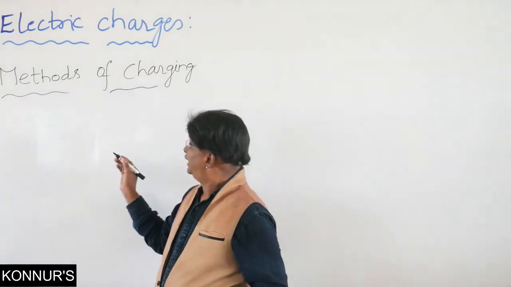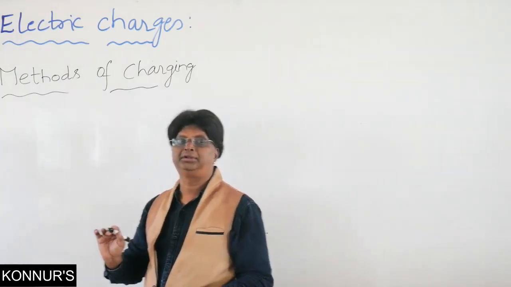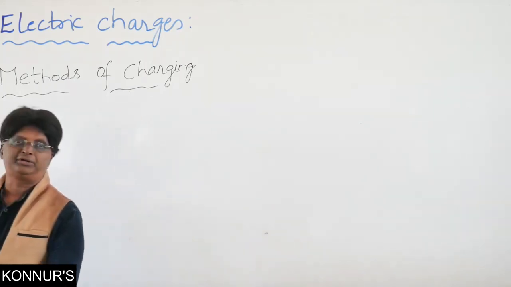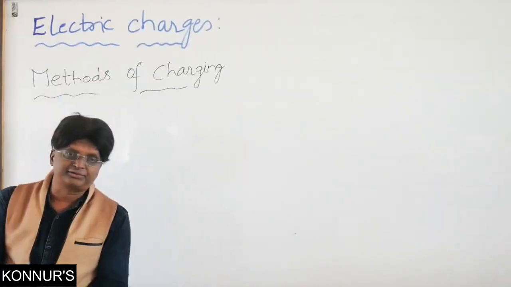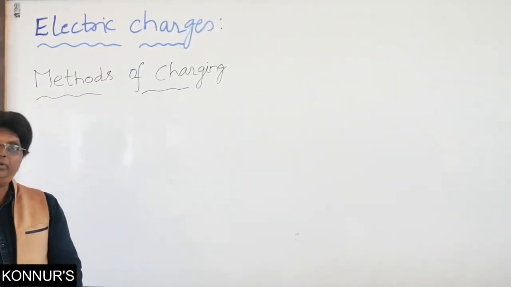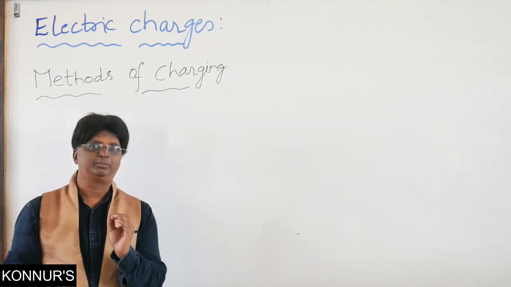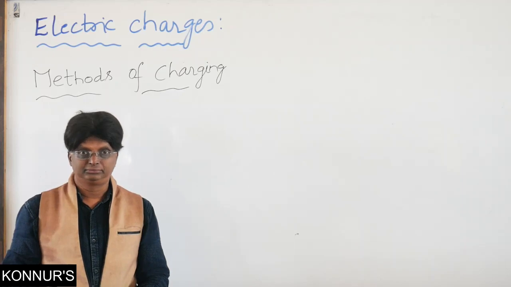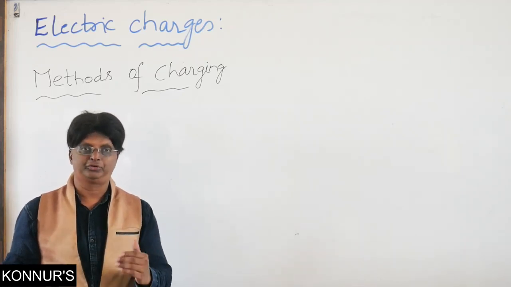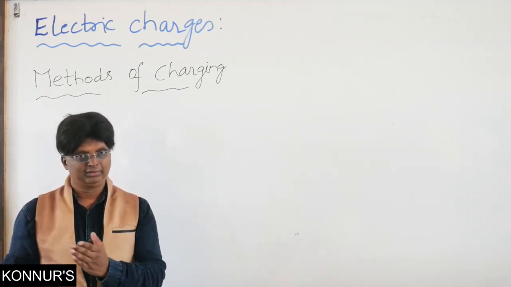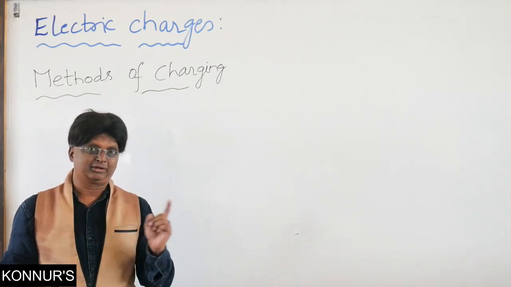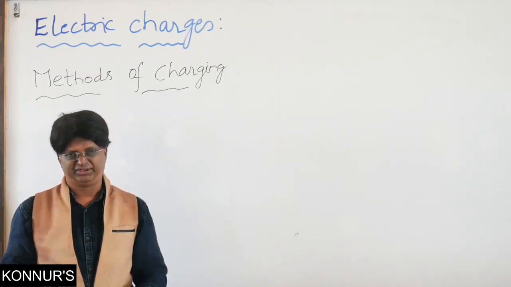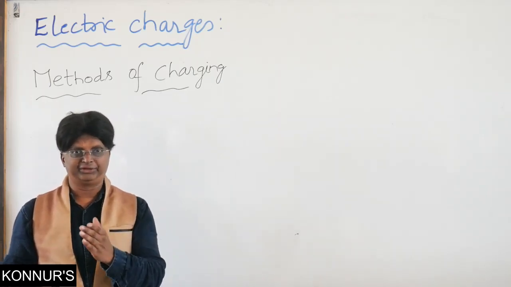Now, our next important title is methods of charging a conductor, which is called electrification. Earlier we have given small principles about the modern theory of electrons, according to which we have said what we mean by conductor, what we mean by insulator, what is meant by quantization, what is meant by excess positive charge, what is meant by excess negative charge.